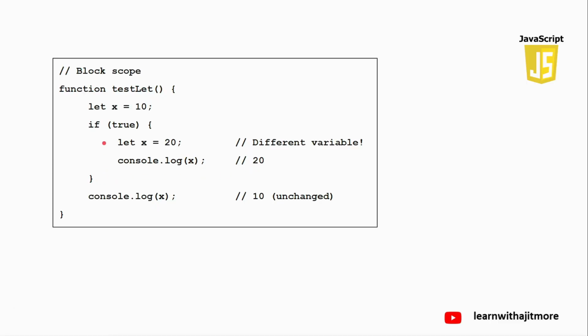When if is over, the inner x is died. Two separate x are created. One x is in the function, one x is within that if, because they have block level scope. So this x is printed, and when if is over, that x is destroyed, it is died.